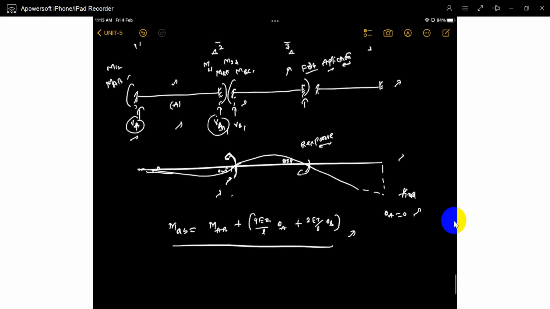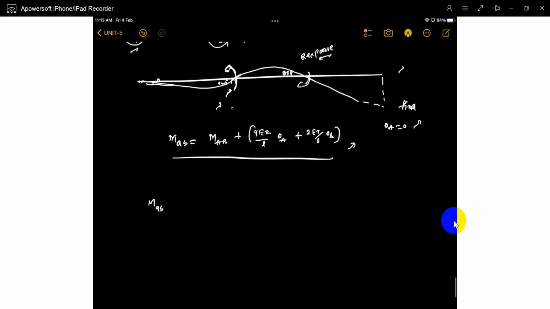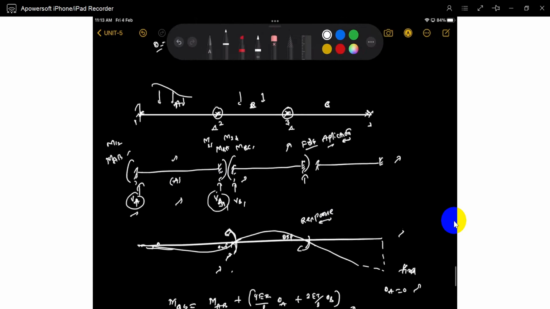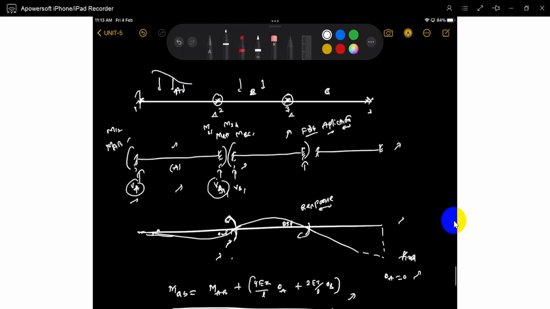So how can you write the final moments MAB? Not only moment, but V at the first node and M at the first node. Are understood? So these are the finals.